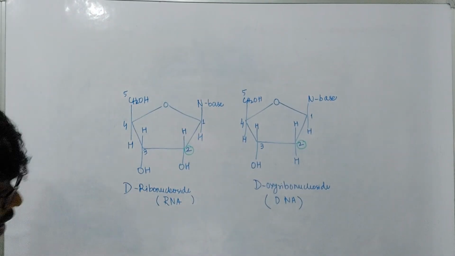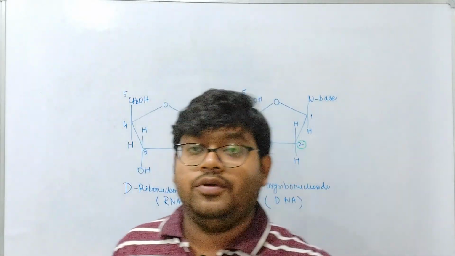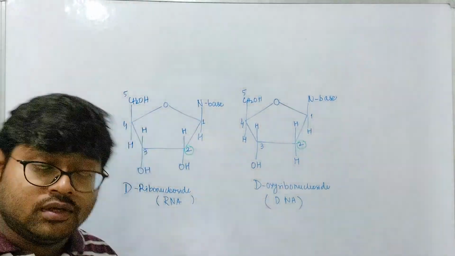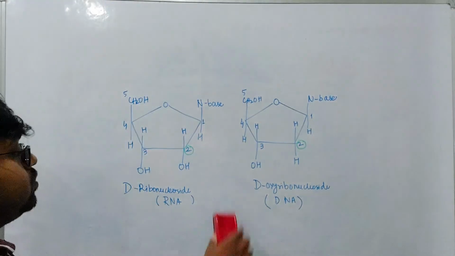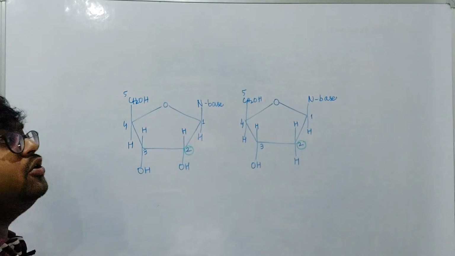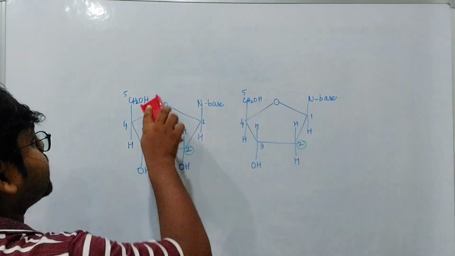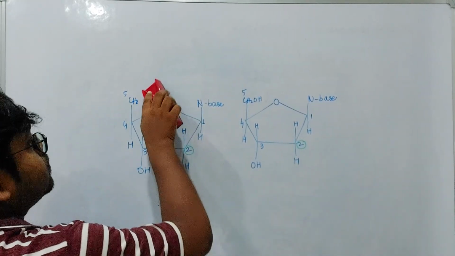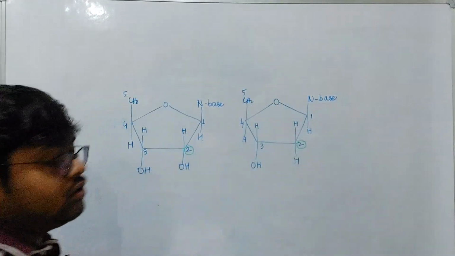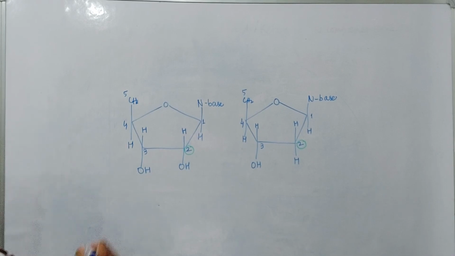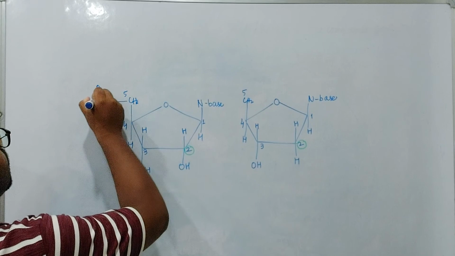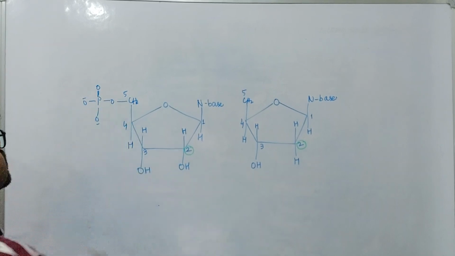Now the main thing, the main monomer unit, is the nucleotide. What is that? Also from this we can draw a very minute change. The phosphate group will join here through these OH groups: O, PO, O minus, O minus.